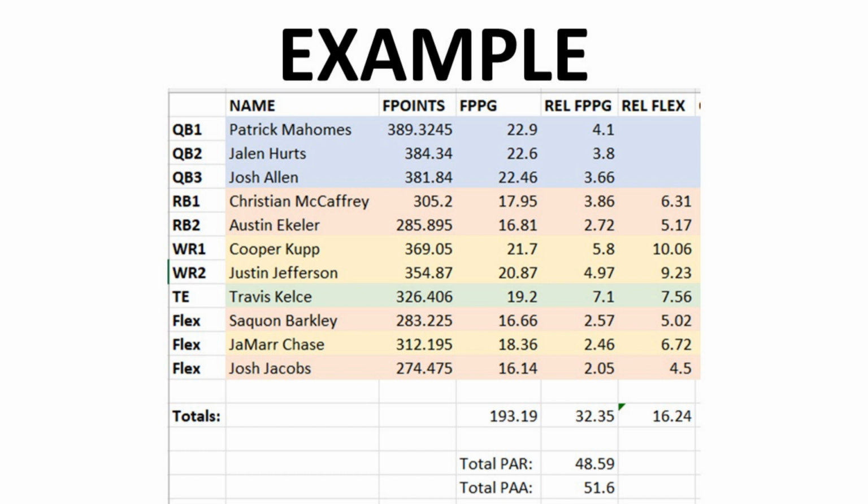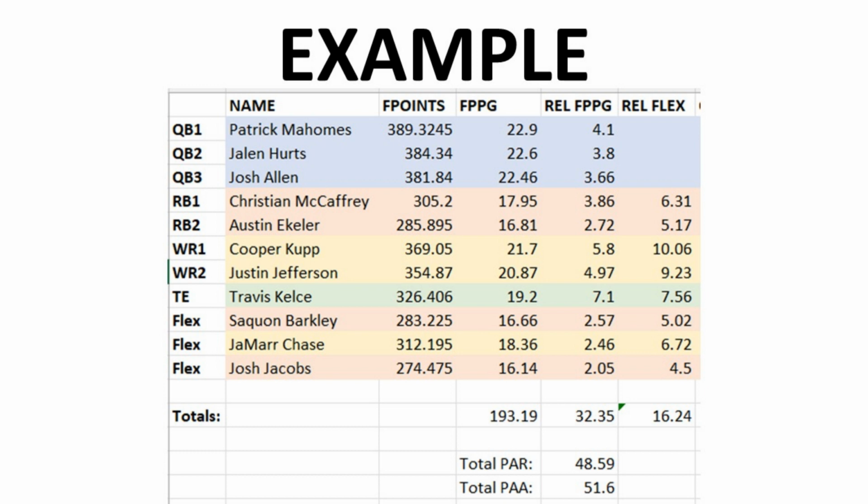So if it seems a little low, just add like 7 or 8 points, and it'll probably be about what your projection is. Probably more. I probably overdid it. Yahoo's a little more conservative, maybe. Or maybe it'll be worse, in which case, my apologies. But the second number there is relative fantasy points per game.